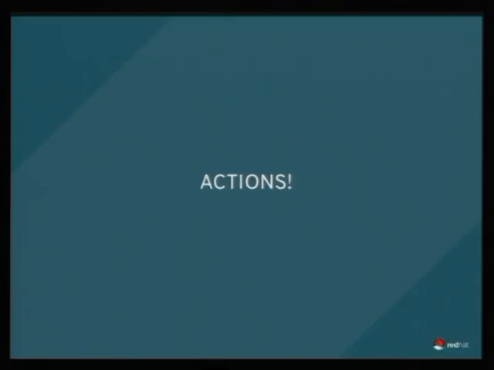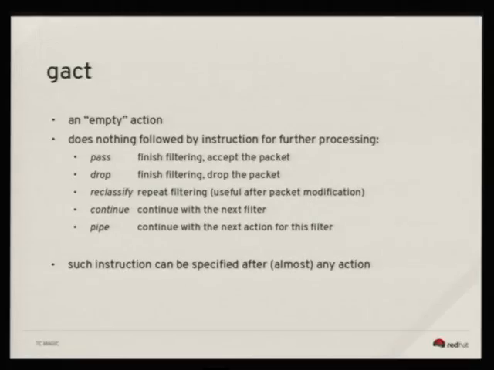Actions, that's more interesting. The simplest action is gact. That's an action that does nothing. That sounds weird, right? So after we specify an action, we can add one more keyword which instructs TC what to do next.